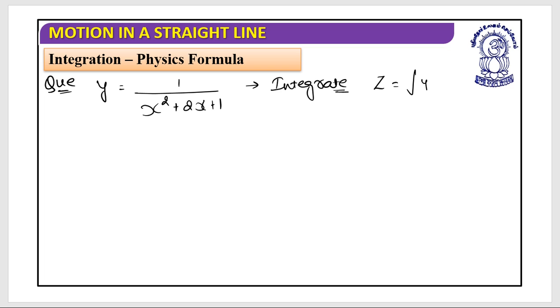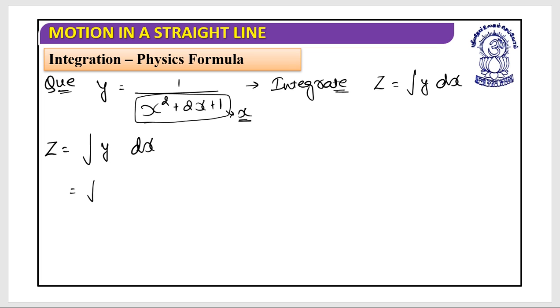Z is equal to integration of y dx. Can I assume this term as an x? What is my benefit in that? If I assume that as an x, then this should look like 1 by x.